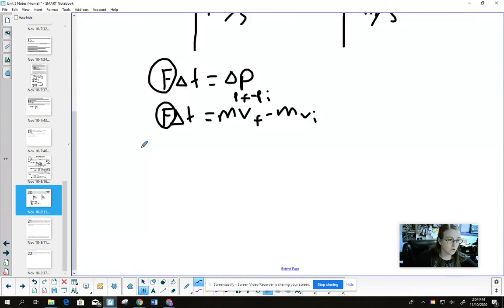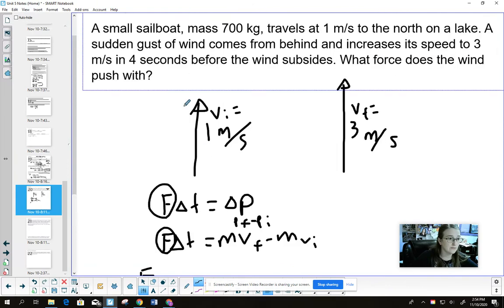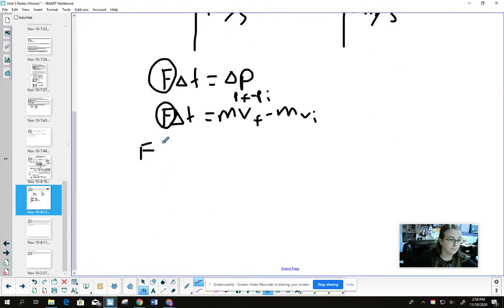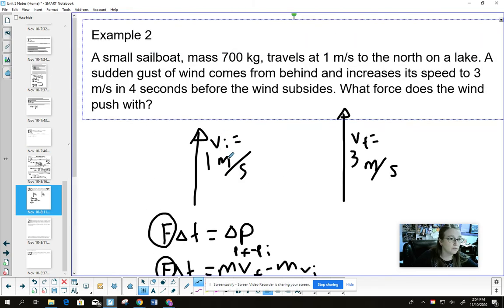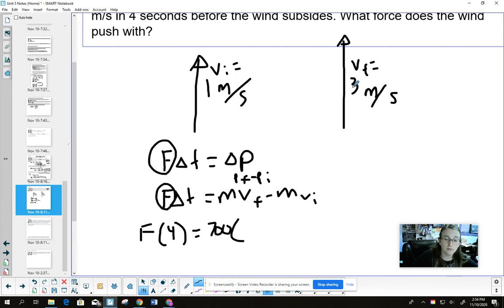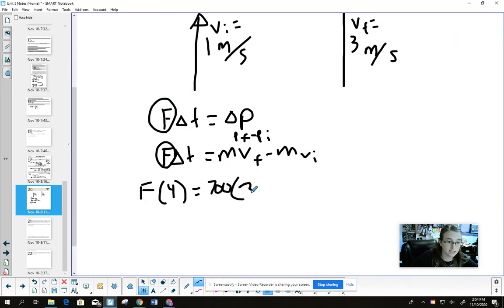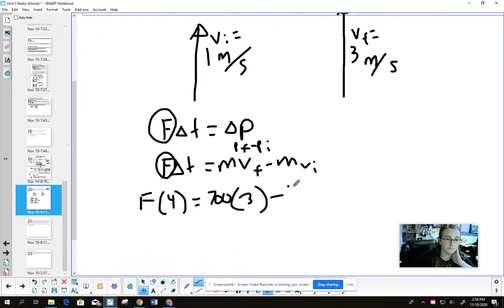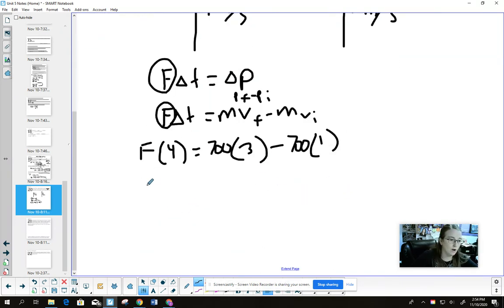Okay, let's see what we got. So force, the change in time is 4 seconds, equals the mass of the sailboat, which is 700, times its final speed, which we said is a positive 3 because the speed increased in the same direction, so we're leaving that positive, minus the 1 it was initially traveling at.